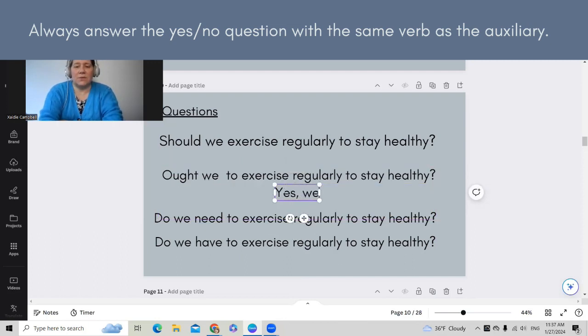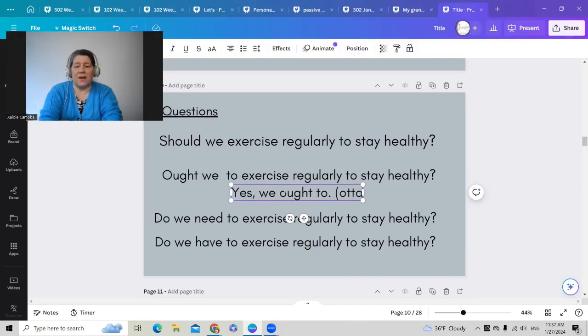Yes, we ought to. And it sounds like oughta. Yes, we oughta. In older movies you hear, why I oughta, meaning I'm going to beat you up. Why I oughta. He's using this, I ought to hit you. But we don't say that very often.